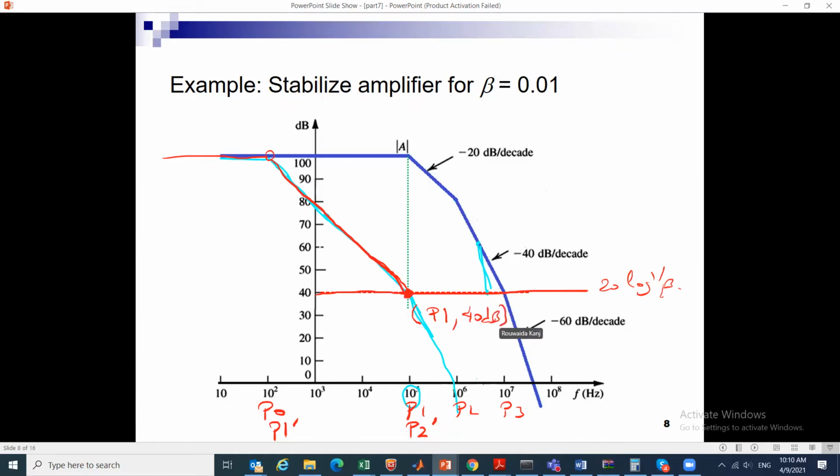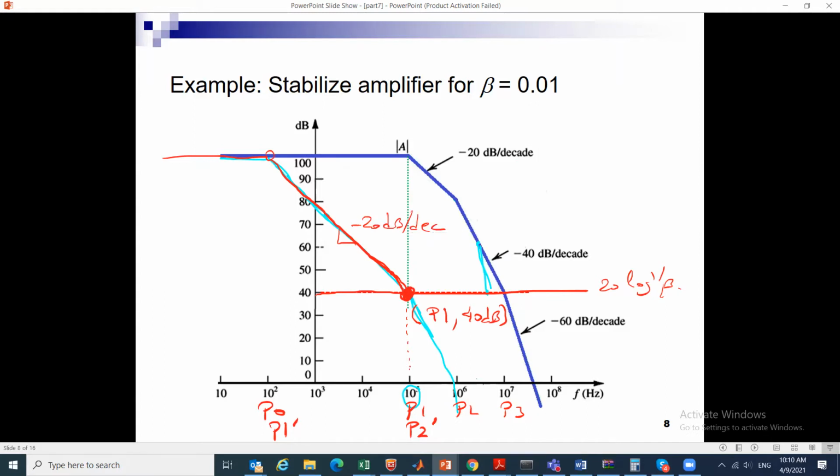I want to force it so that in this new system, the Bode plot intersects the 20 log 1 over beta at P1, so that I have minus 20 dBs per decade here.